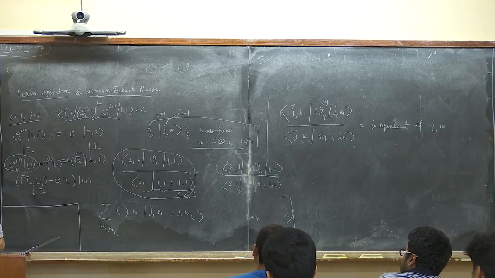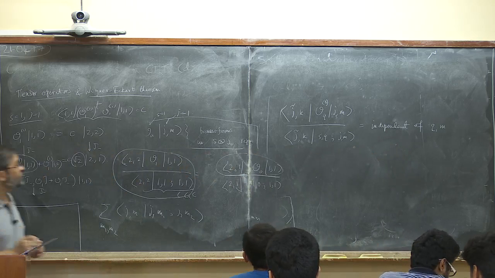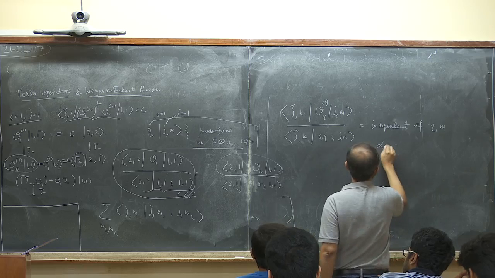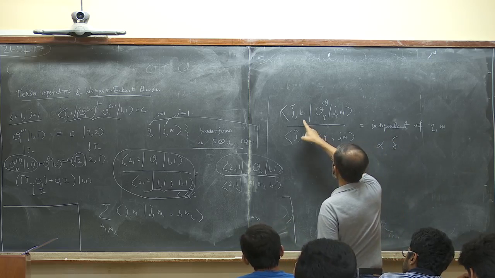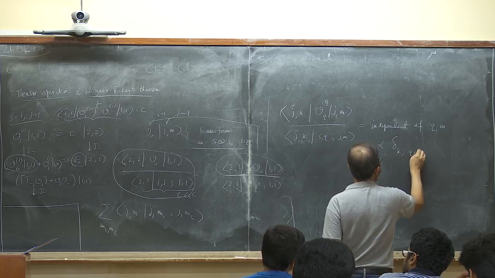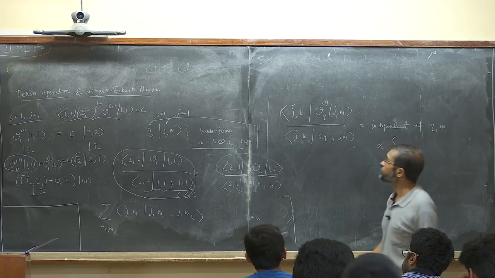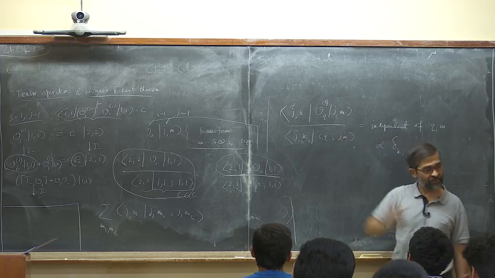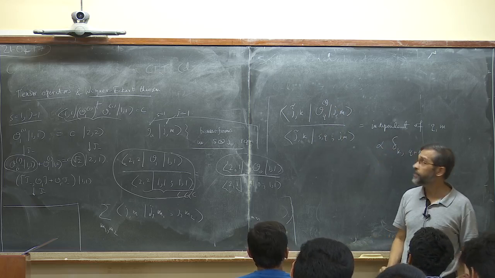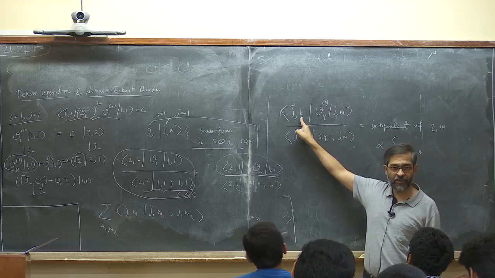First of all, this is independent of Q and M. We have already proved that this is a J3 eigenstate of eigenvalue Q plus M. Therefore this K must be Q plus M.